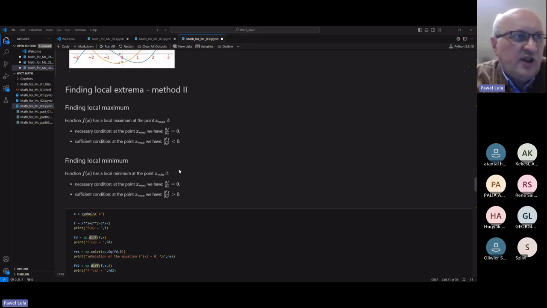It is a necessary condition: if at this point the first derivative is equal to 0. And the second condition, it is a sufficient condition: if at this point the second derivative is smaller than 0. So now we must check the sign of the second derivative.